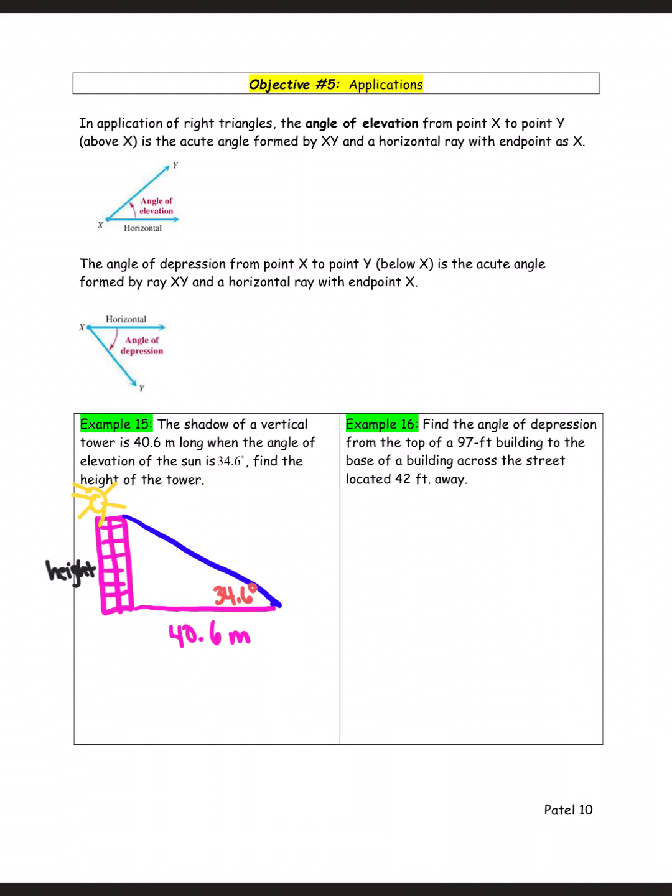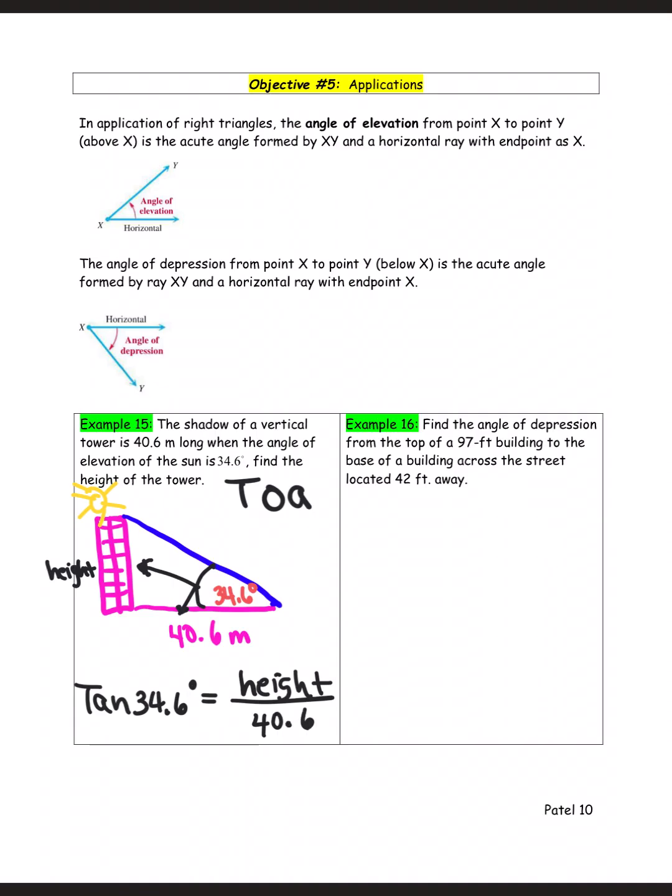So to find the height of the tower, we know our angle, and we know 40.6. In relationship to the height, this is opposite over adjacent. And the trig function that gives us opposite over adjacent is tangent. So we have that tan of 34.6 degrees is equal to opposite, which is the height, over adjacent, which is 40.6.